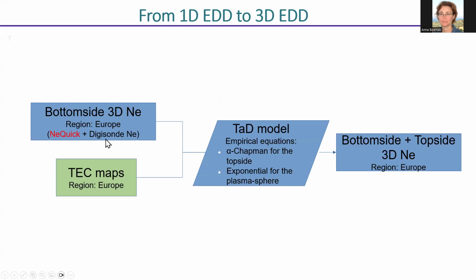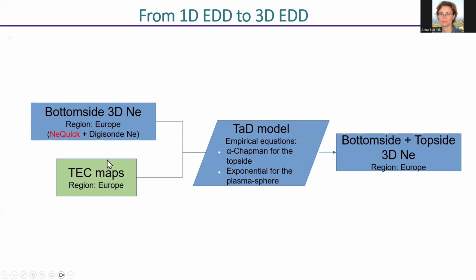And in this way, we overcome the problem with the few locations where we have Digisondes in operation, because we update the NeQuick grid with the current values from the Digisonde.